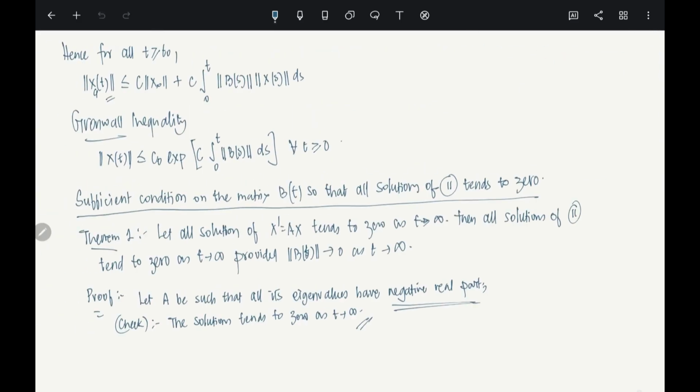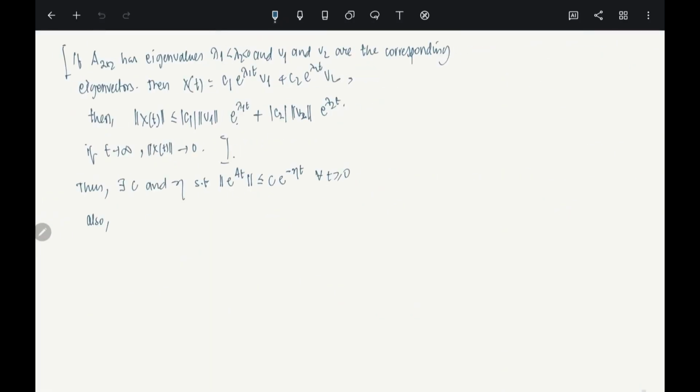Now also, B of t goes to 0 as t tends to infinity, right? So what does it mean? It means that for t greater than or equal to, let's call it t1, the norm of B of t is bounded by some c1.